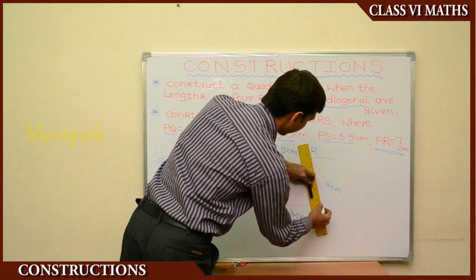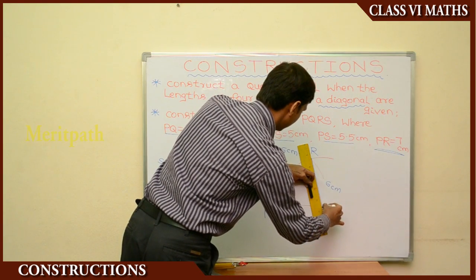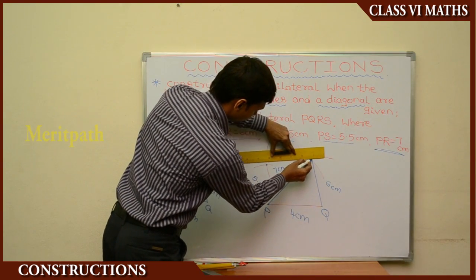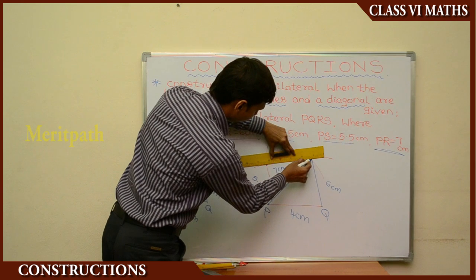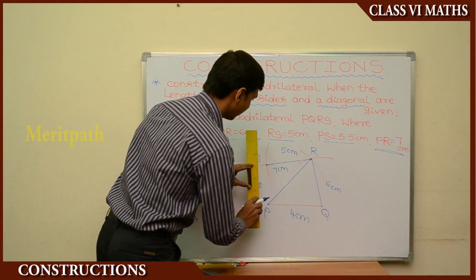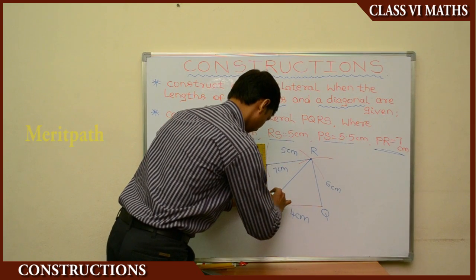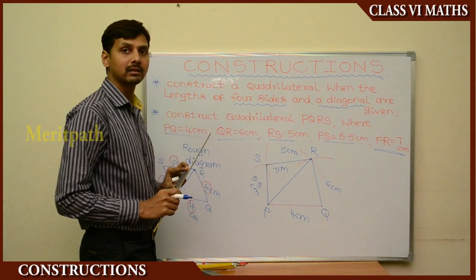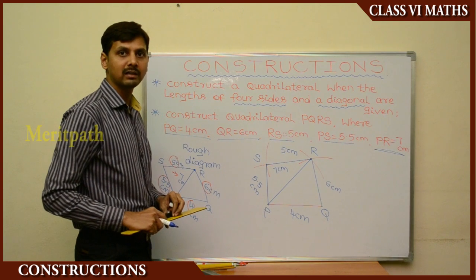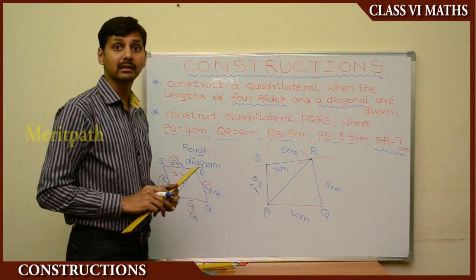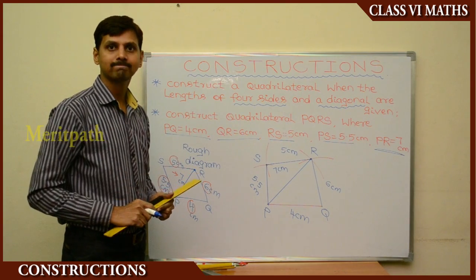Then let's join RS, and then PS. So we got a quadrilateral. PQRS is a quadrilateral. This is the required quadrilateral using 4 sides and one of the diagonals. So let's go to the next one.